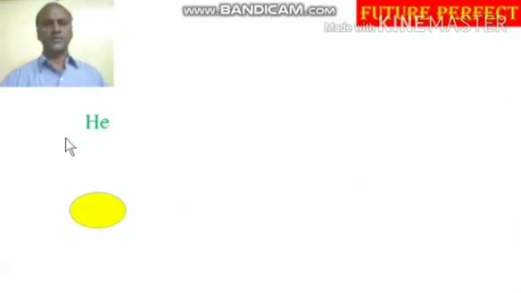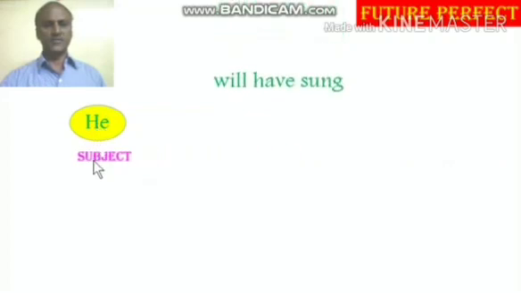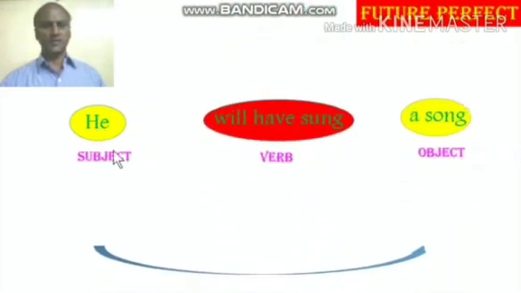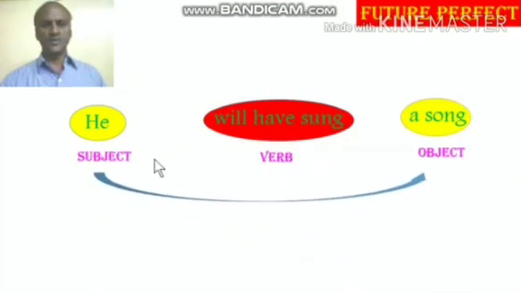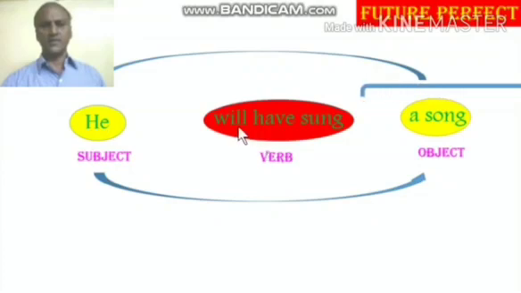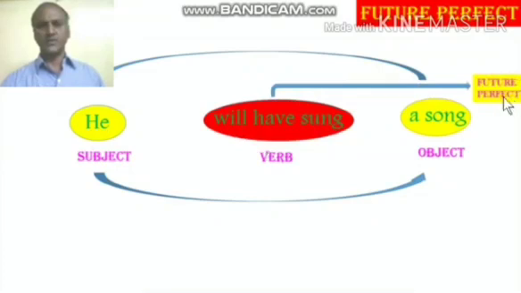Another example for future perfect. He, subject, will have sung, verb, a song, object. That is the first step: subject, verb, object. Second step is to change the positions of subject into object, object as subject. Then the third step is to find out the verb will have sung is in future perfect.